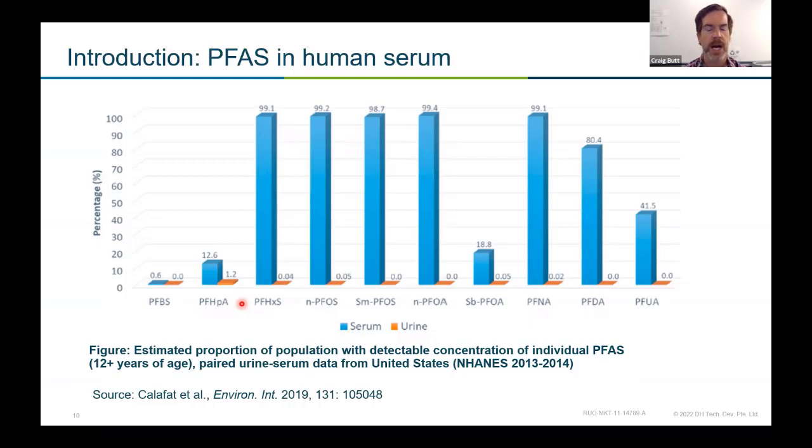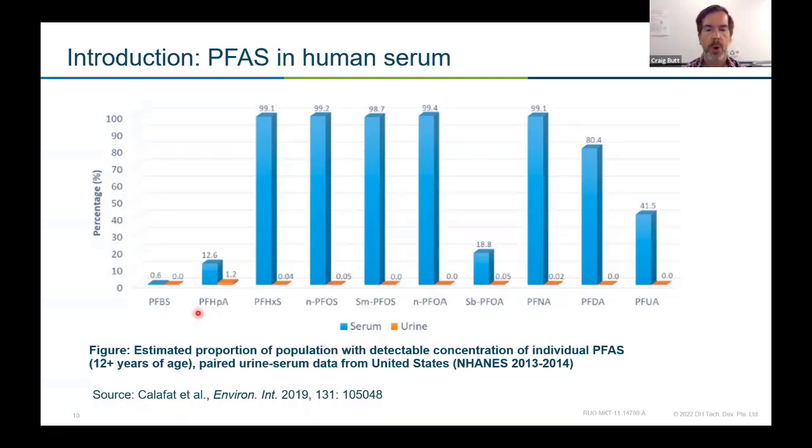So that's the first thing that I gleaned from that. The second thing is that some of the compounds have a sweet spot, where moderate chain length compounds are the ones that are accumulating and being detected, whereas very short or very long compounds are not accumulating as much.